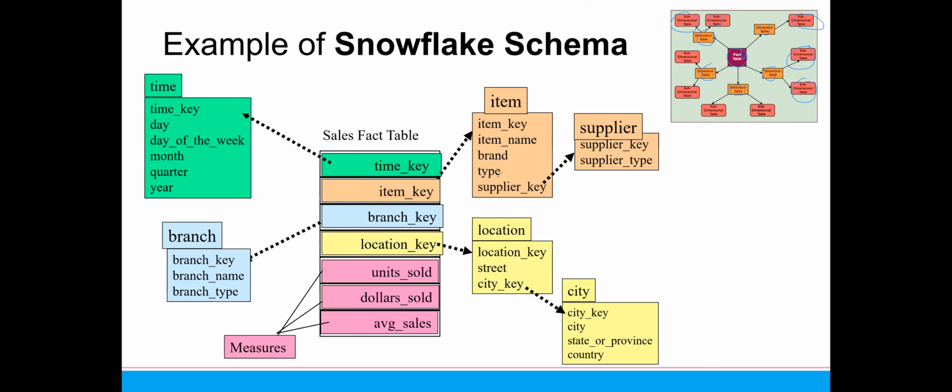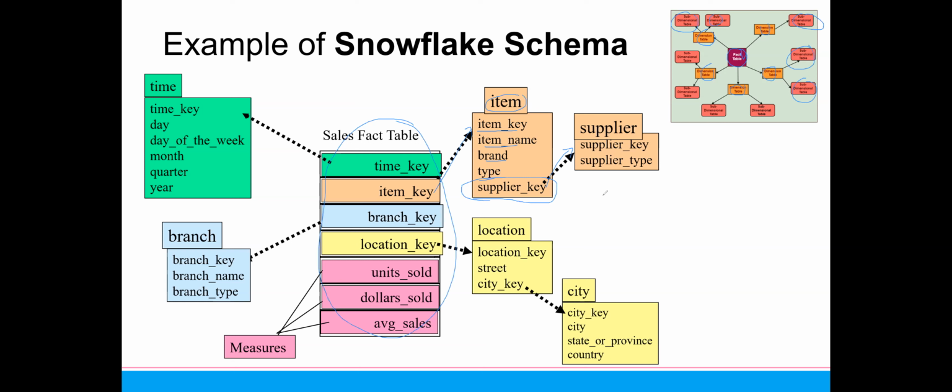This sub-dimensional table means the detail. For example, I have this fact table, and this item key correlates with the item, and the item has more data about the supplier key. So the supplier key connects to another dimensional table. We call it the supplier.